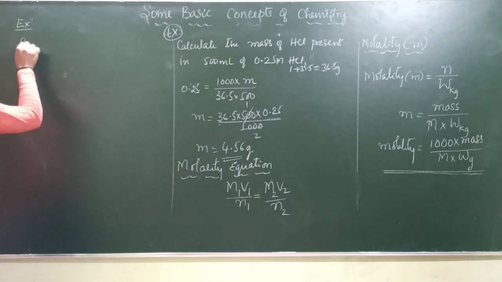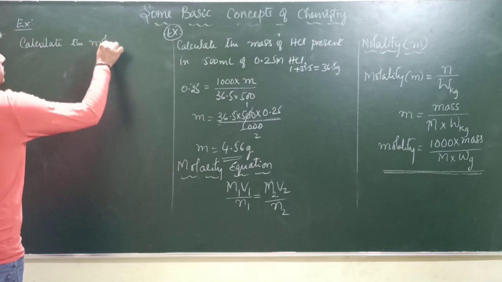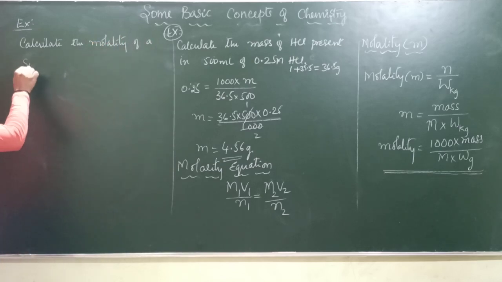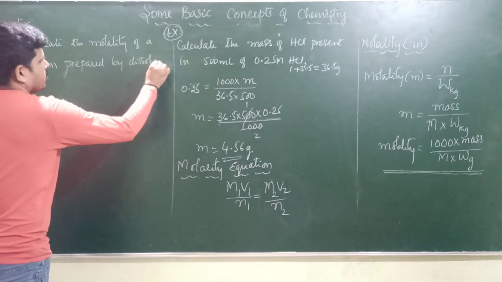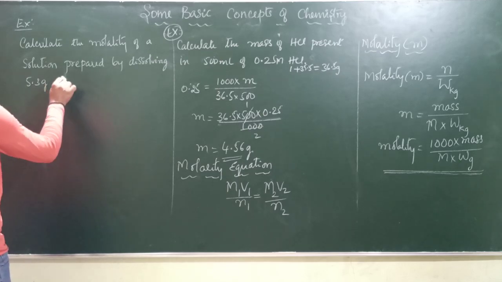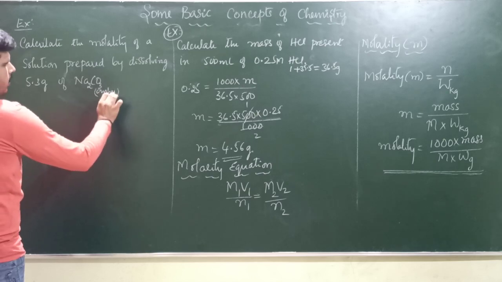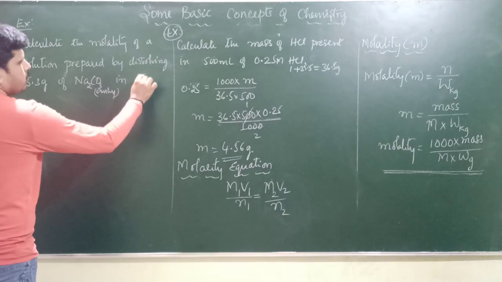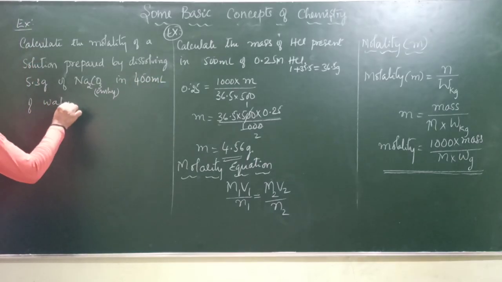Example: calculate the molality of a solution prepared by dissolving 5.3 gram of anhydrous sodium carbonate, Na2CO3, that is without water, in 400 ml of water. So water is the solvent and they have given it is 400 ml.